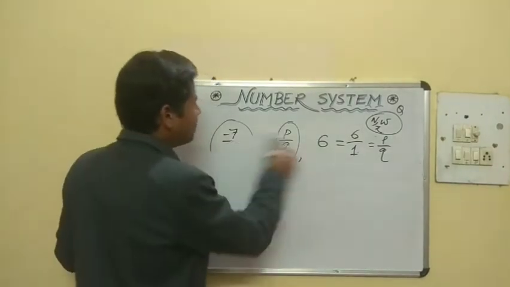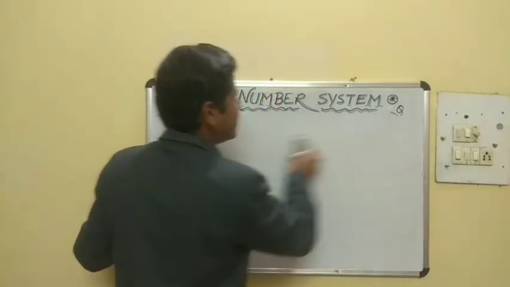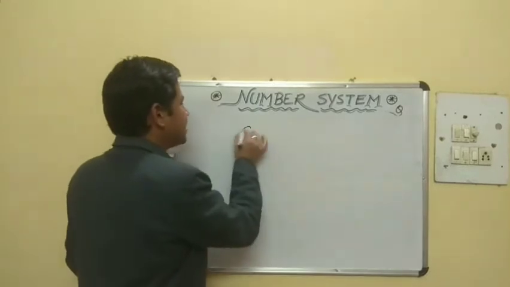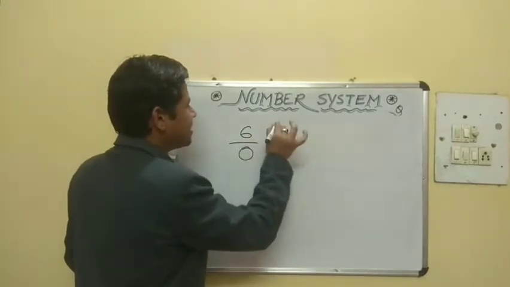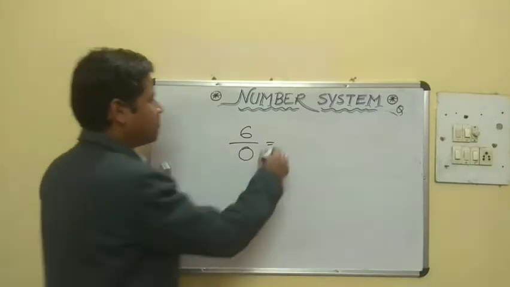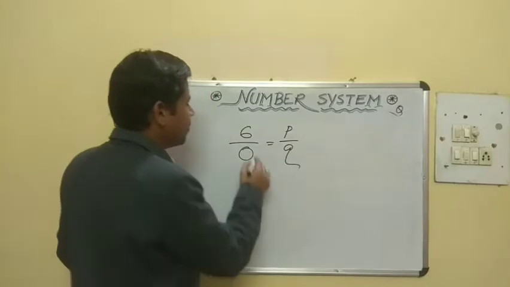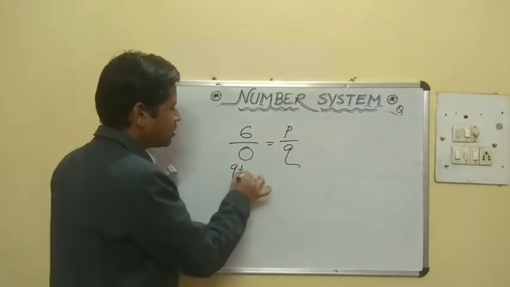Now, if there be any number we consider, such as in the form 6 upon 0, is it a rational number? Yes or no? No, because it is not in P by Q form. We know that Q is not equal to 0.